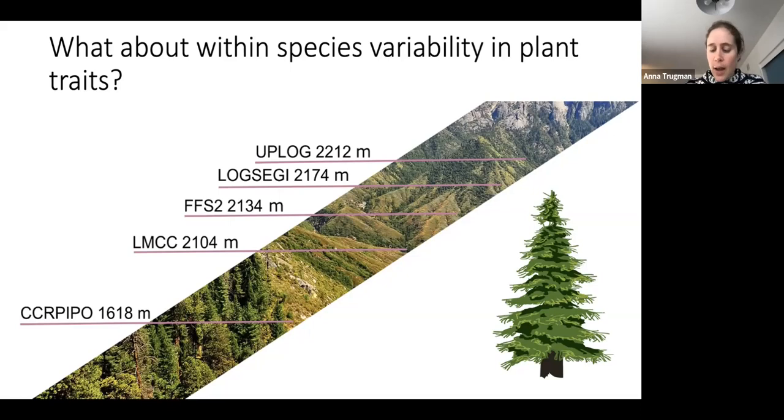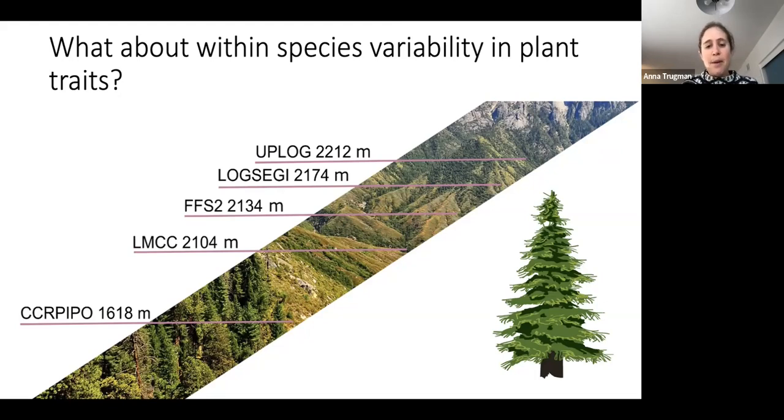And so I'm working with collaborators, Adrian Das, Nate Stevenson, Lee Andrag, and actually all of this work is headed by graduate student Indra Boving, where we're sampling across an elevational gradient in Sequoia Kings Canyon in California, Sierra Nevada mountains, to try and get a hold of within species variability in hydraulic traits.